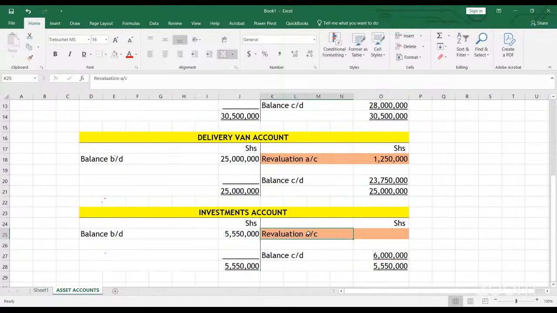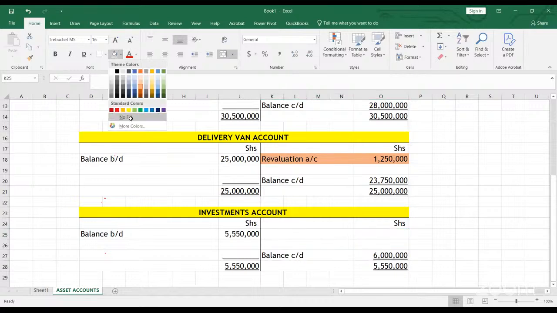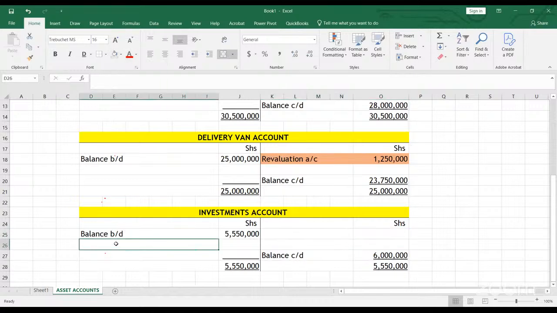So we have a revaluation, what? A revaluation gain or loss? Gain.